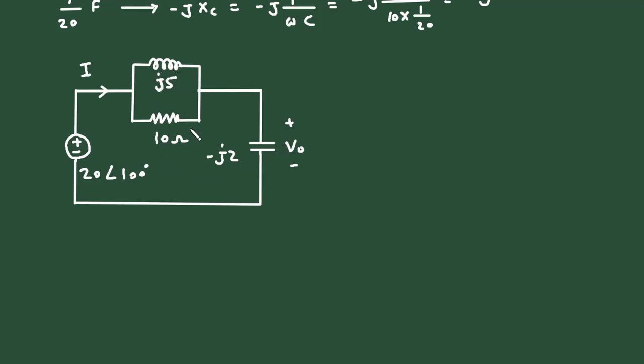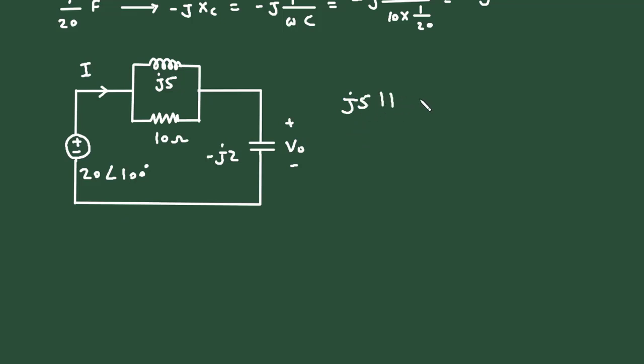So let's find the value of impedance first. Let's say this is Z1 and this is Z2. Here this j5 ohm and this 10 ohm are connected in parallel. So first let's simplify this.